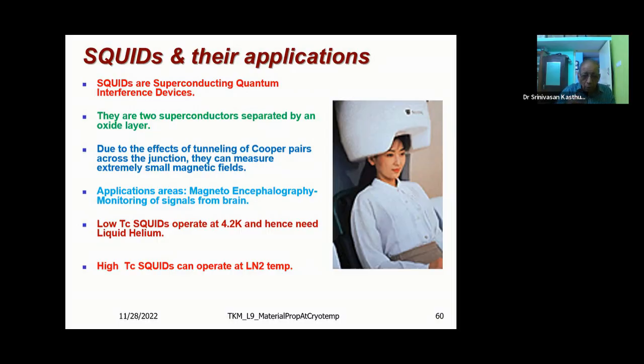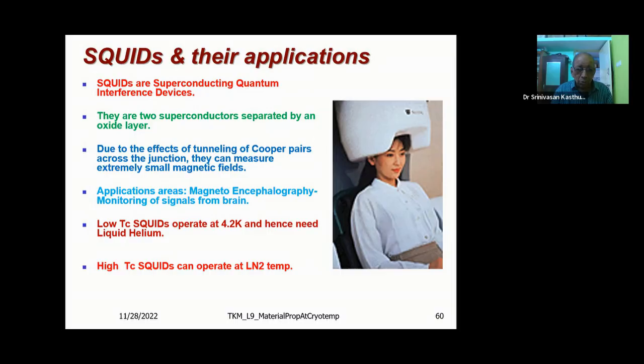Suppose there is some external agency to vary the flux. Let's say you pass a current in a conductor and that tries to vary the flux. Then what happens? The superconductor adjusts such that it gets back to the same old flux. In other words, you will see that the current flow will always have a jump for every flux element. So it is more like a flux detector.